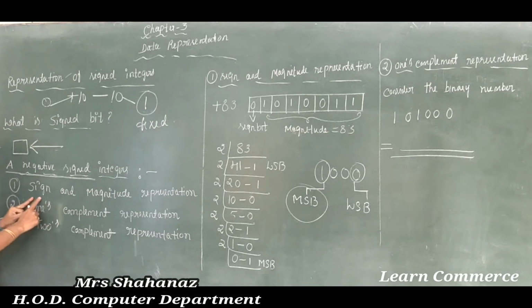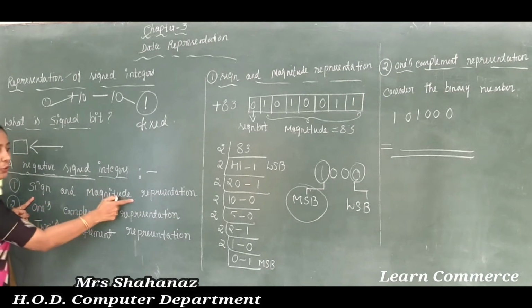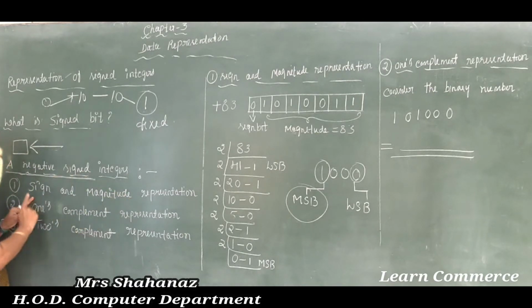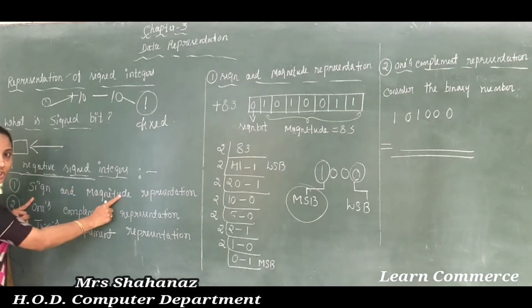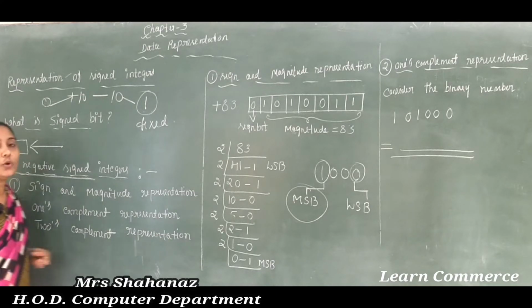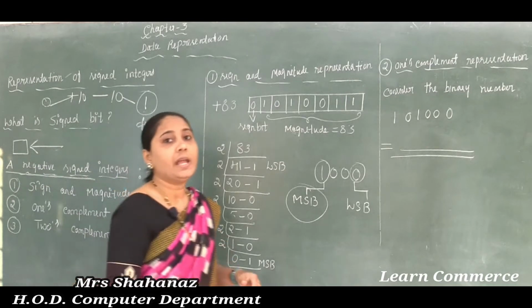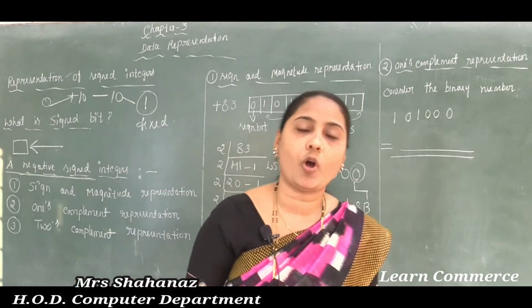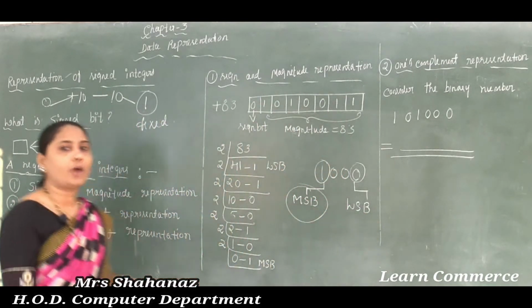The first one is the sign and magnitude representation. The second one is the ones complement representation, and the third one is the twos complement representation. Later I am going to explain all those representations one after another.